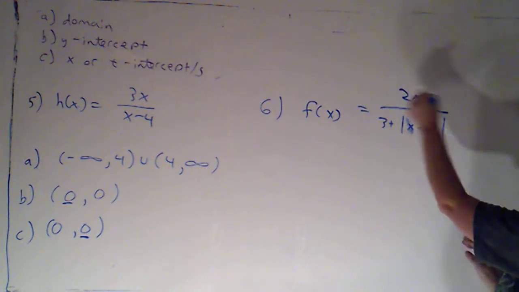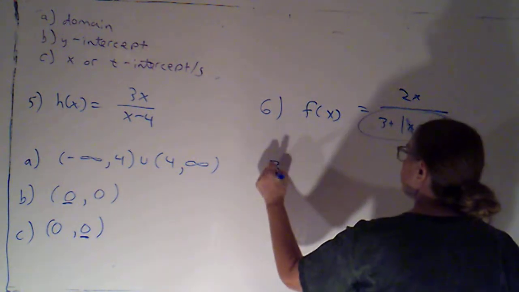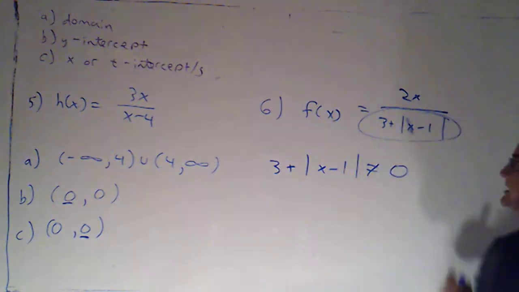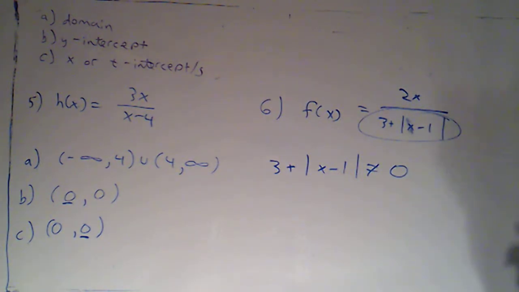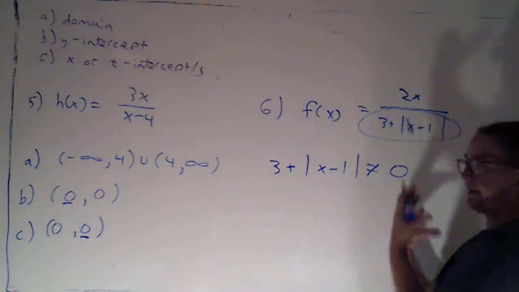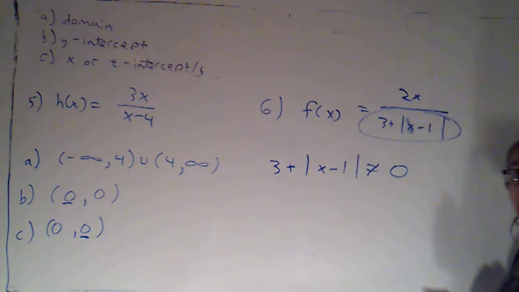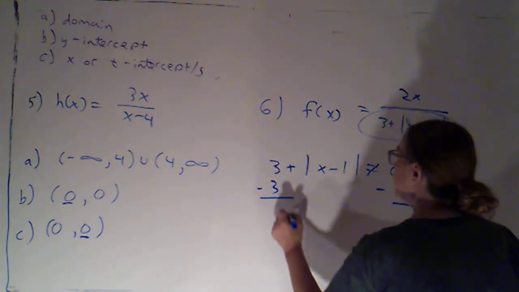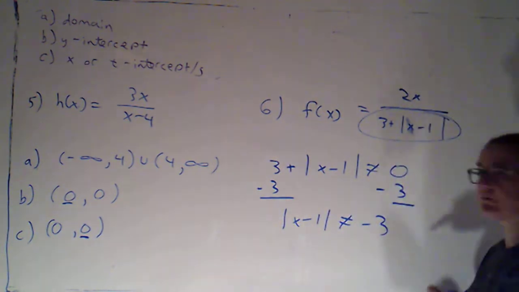Again, we've got a fraction, and the rule is that the denominator can't be 0. So 3 plus the absolute value of x minus 1 cannot equal 0. And when you're working with absolute value equations, and this is just a sort of non-equation, you always want to isolate the absolute value first. So I'm going to subtract the 3 over and say the absolute value of x minus 1 can't equal negative 3.